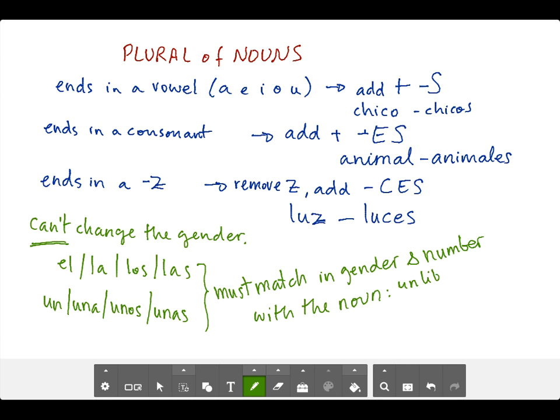Un libro, a book, or el libro, the book. So you cannot say unos libro. But if you want to say the books, you have to say los libros.